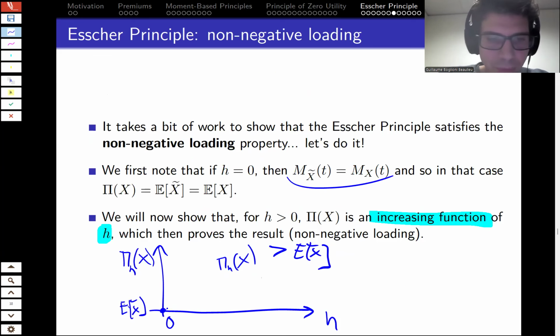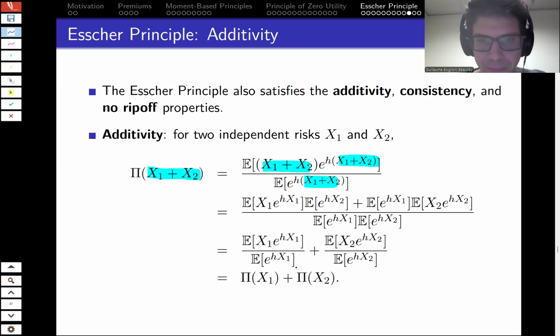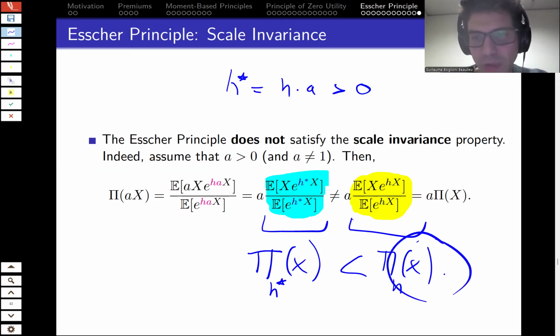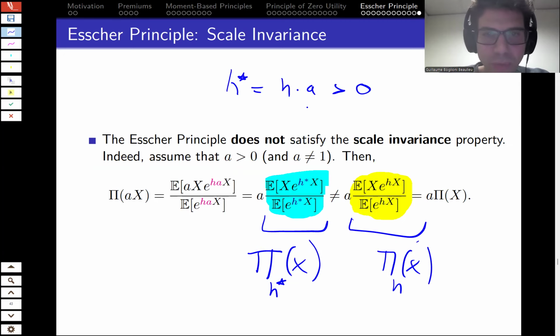So if h star is bigger than h, then this one is bigger. And if h star is smaller than h, then this premium is smaller than this one. And of course here, because a is not 1, h star is not the same as h. So h star is either bigger than h or smaller than h. So in every case, this does not equal this.